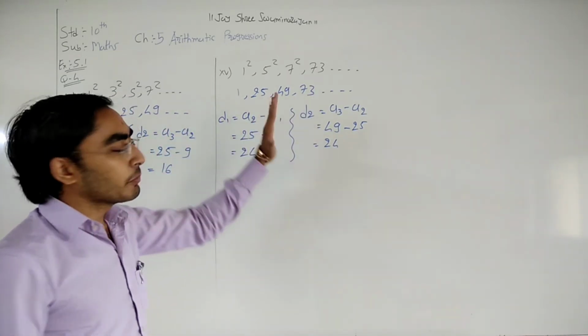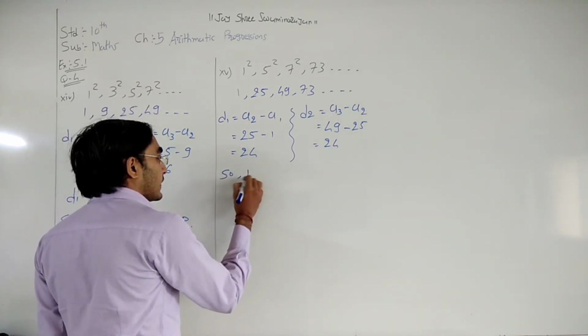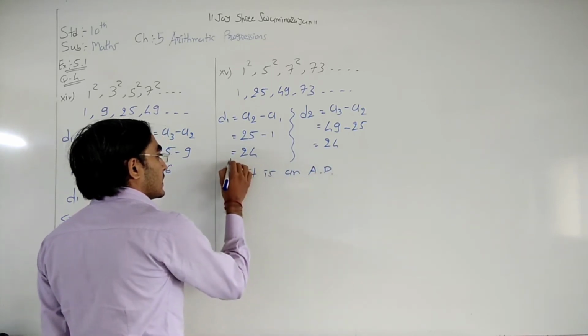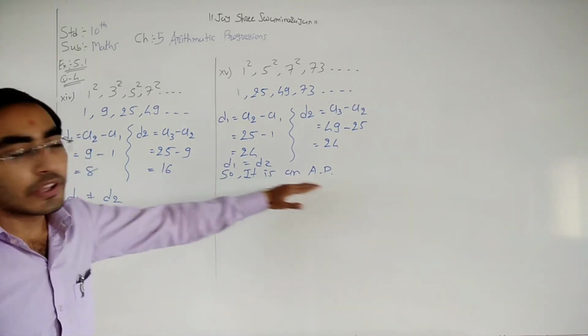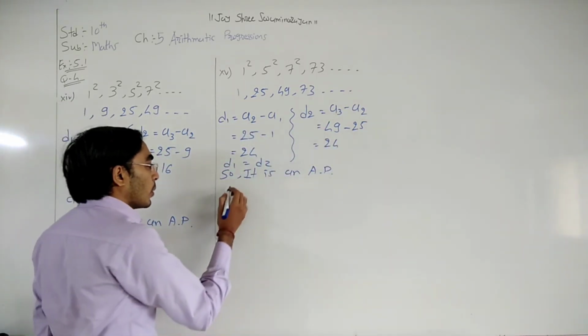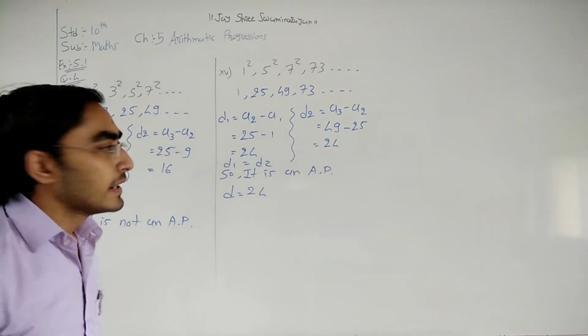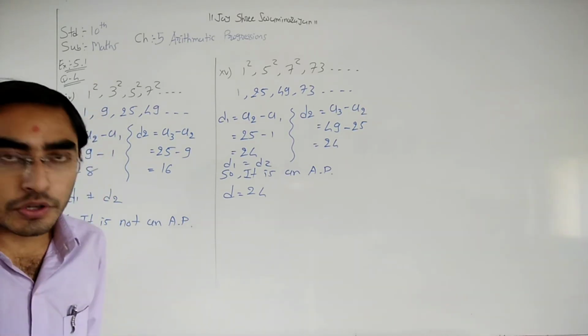It means difference between any two consecutive terms are same. So it is an AP. Here d1 is equal to d2. So it is an AP. Two differences are same. And we need to write the common difference d. It is 24. Right?